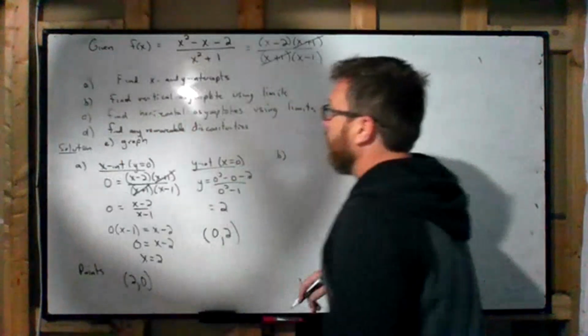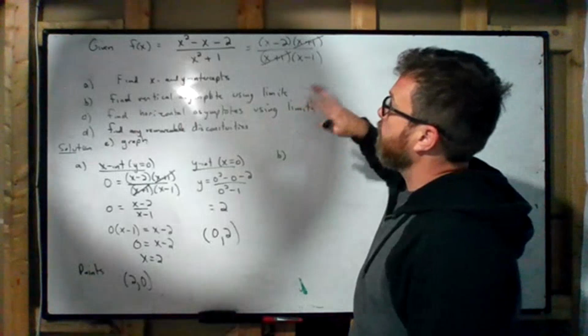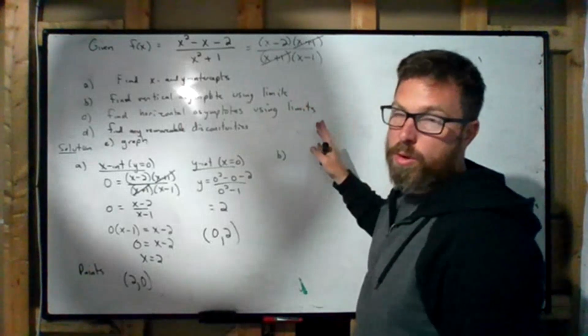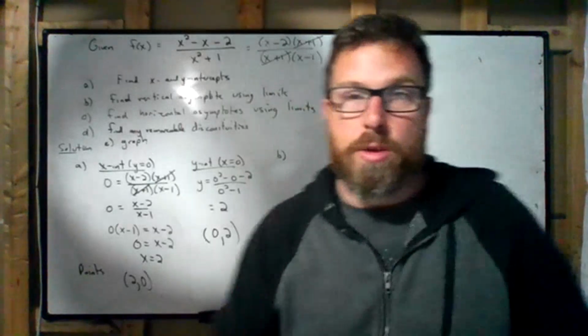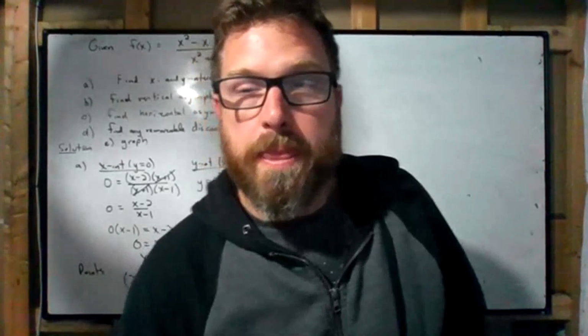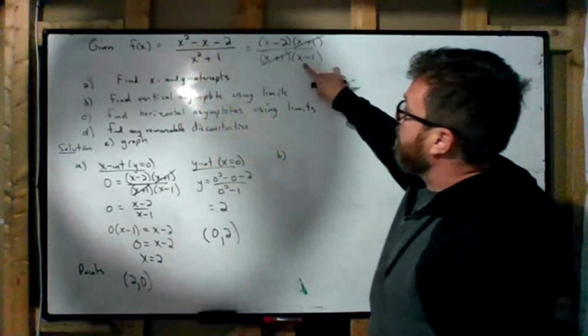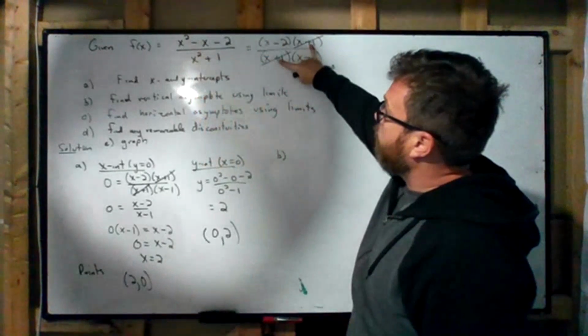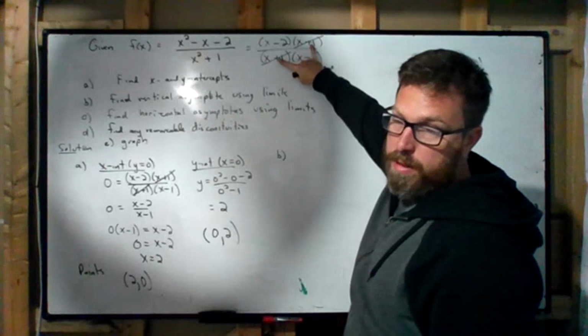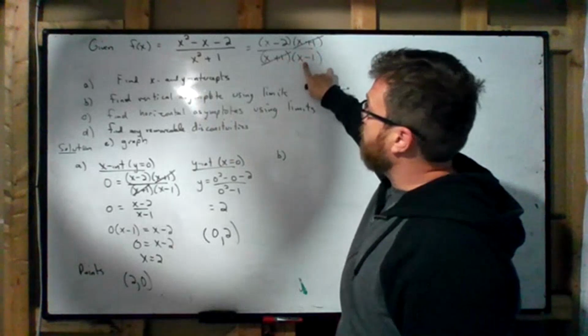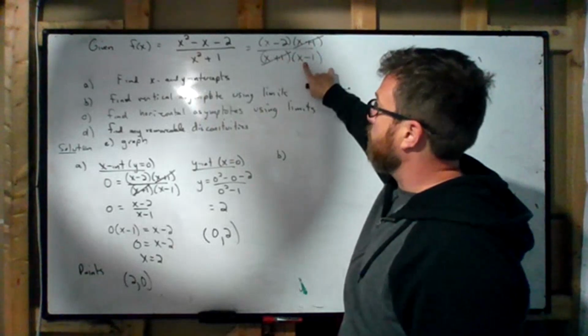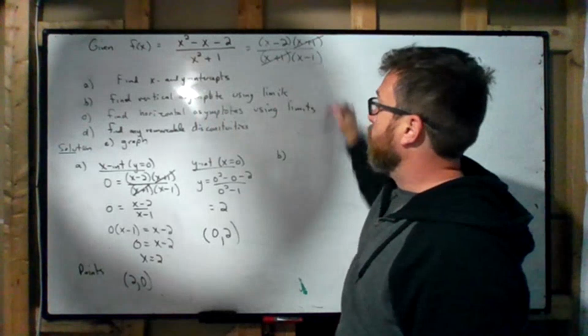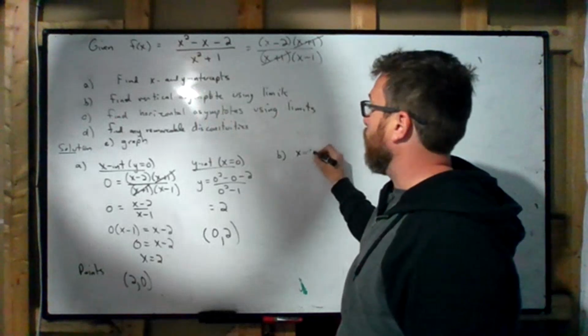So B, finding vertical asymptotes. Vertical asymptotes happen when the bottom is equal to 0 and only the bottom is equal to 0. If I use negative 1, I would have 0 over 0, so that means it's going to be a hole. But if only the bottom is equal to 0, that's going to be an asymptote. So this is only going to happen at x equal to 1.